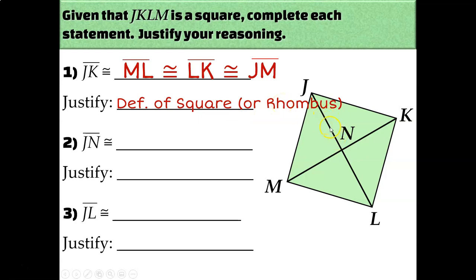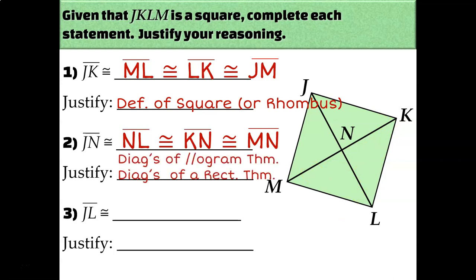What about JN? Which segment is JN congruent to? Well, JN is one of the parts of one of the diagonals, and we know by the diagonals of a parallelogram theorem that the diagonals cut each other in half, so I at least know that JN is congruent to NL, but it would also be congruent to KN and MN because of the diagonals of a rectangle theorem.